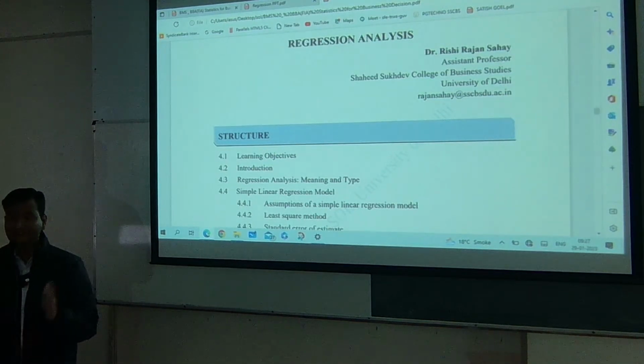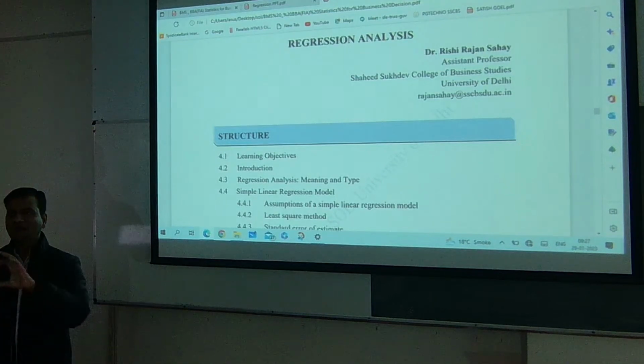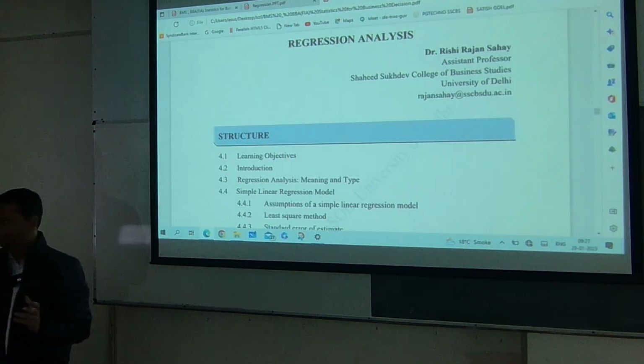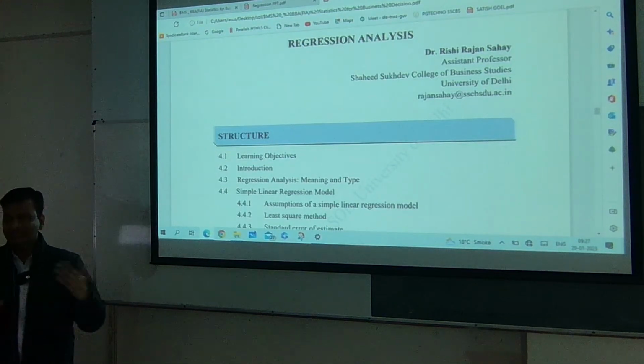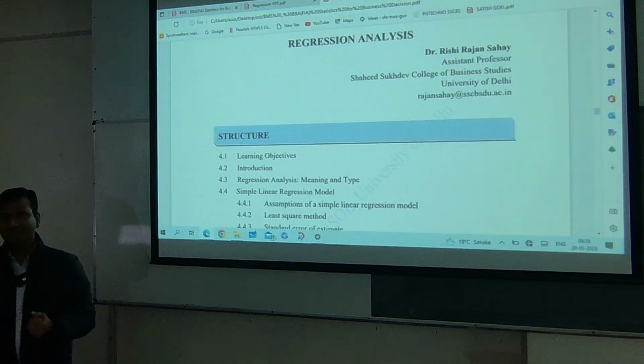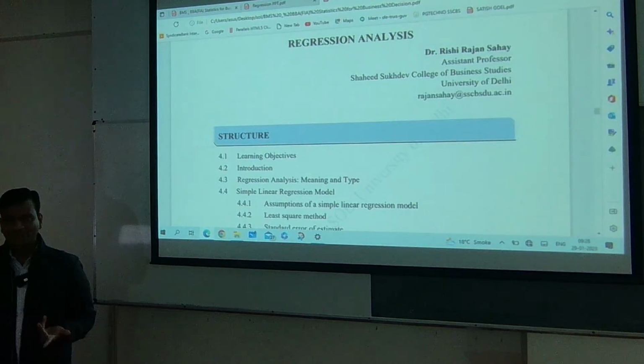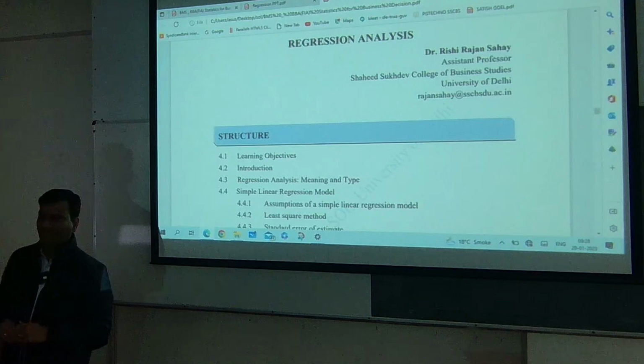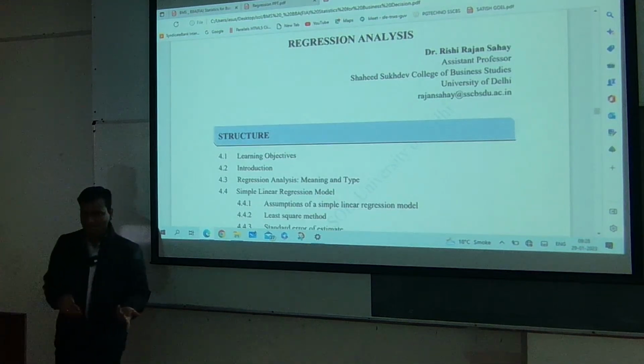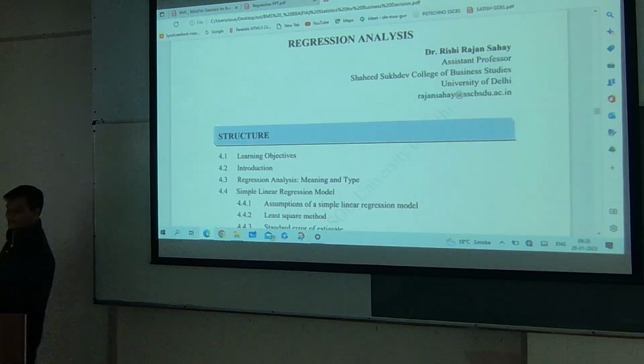That is the regression model basically. You have to form a mathematical equation of these two variables. We will discuss how you can make these regression equations, what their importance is, what the assumptions in this model are, and the different questions related to regression analysis.